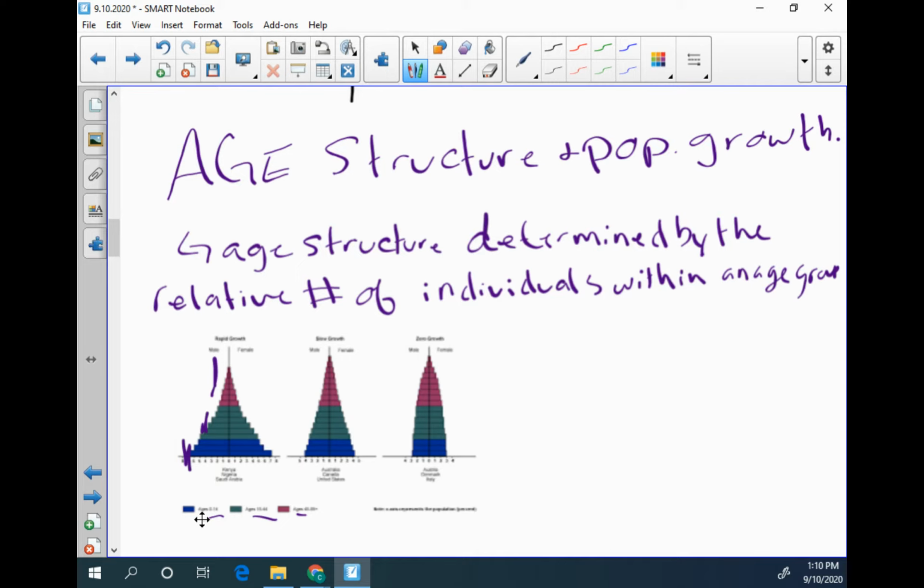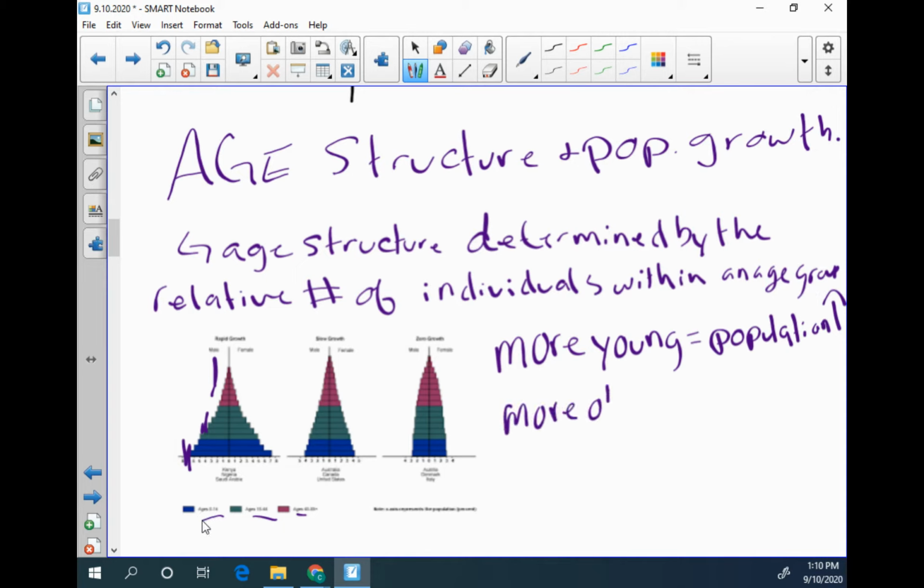This is important because more young people in a population means that the population is going to increase. More old people, the population will decrease, and if they're even, our population is going to stabilize.